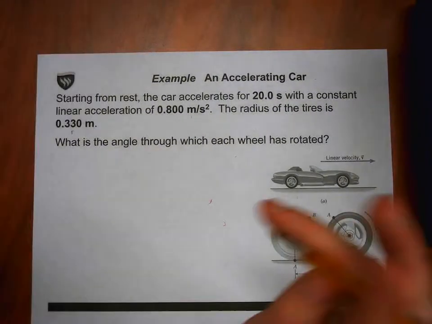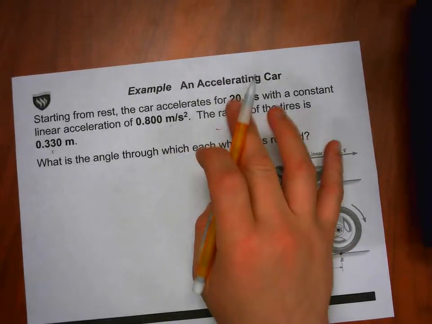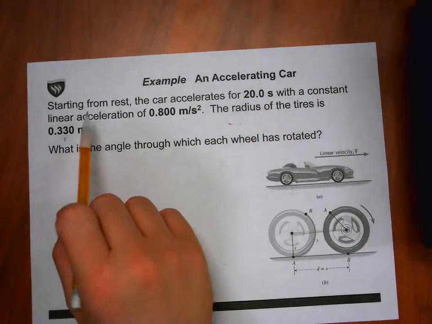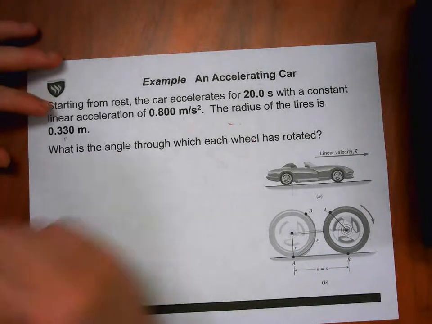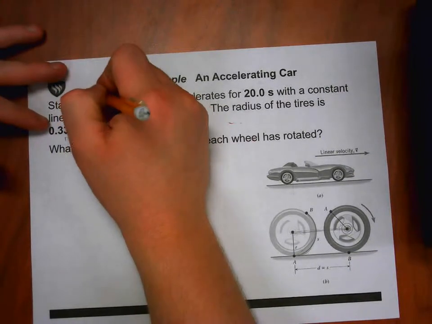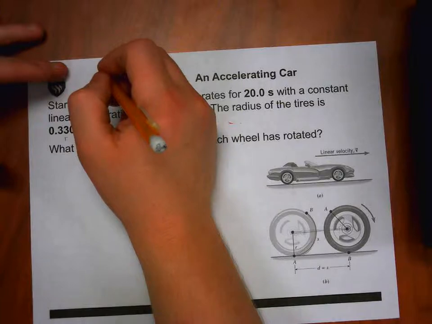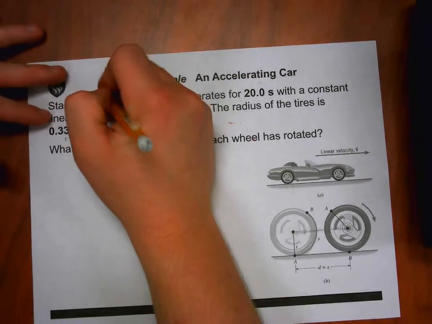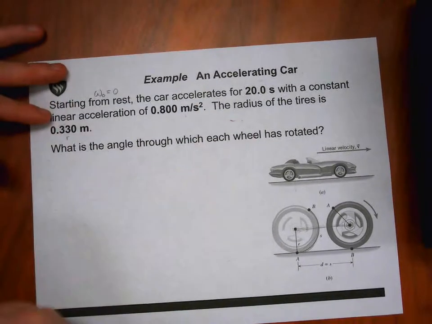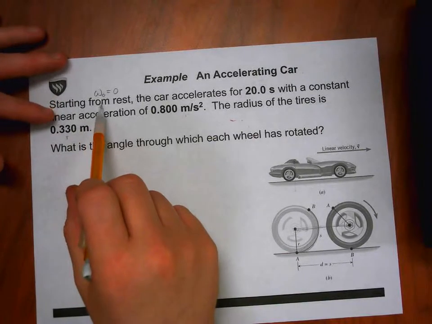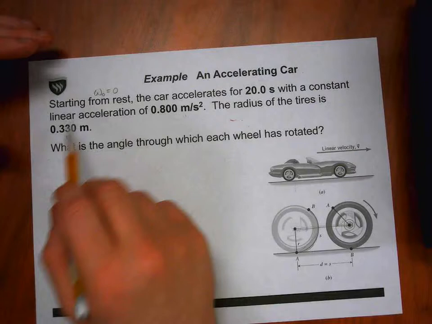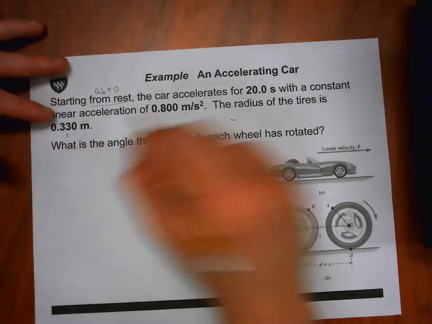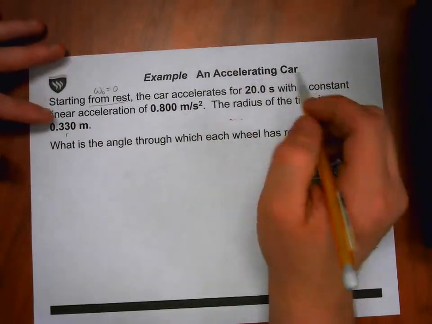Okay, the next problem involves an accelerating car. So the car starts from rest. So we could say that the angular velocity in the beginning equals 0. The translational velocity also equals 0. But we're mostly dealing with angular stuff, so let's put it in terms of angular.